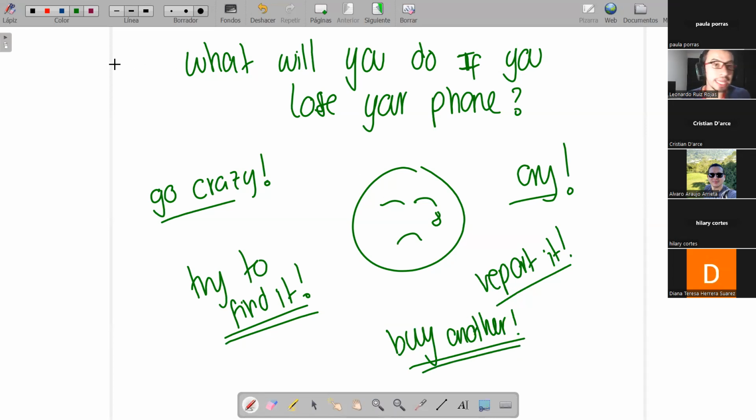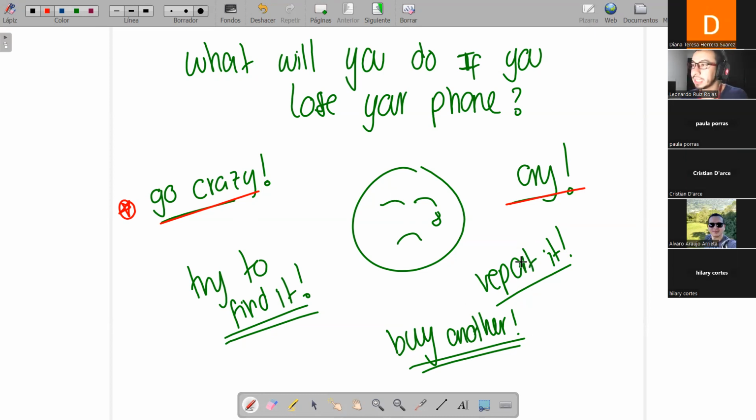Ready? Entonces, here you give me different consequences or different actions that you would do, that you will do in a specific determined situation. What is the situation? The situation is that imaginarily, you lose your phone. It's a highly imaginary situation. It's not real, no?